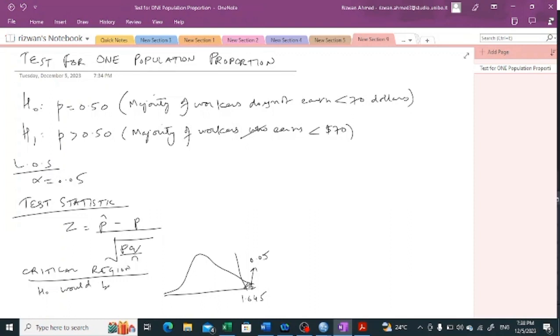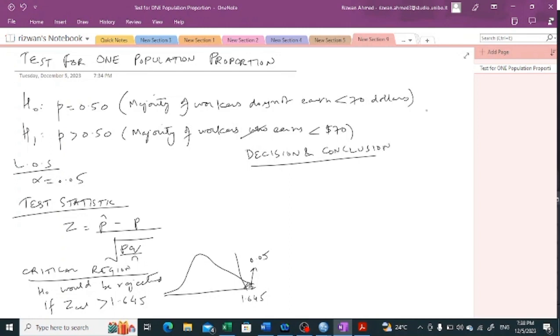H naught would be rejected if z calculated exceeds 1.645, and then the decision and conclusion we will write down after getting results in the output of SPSS.